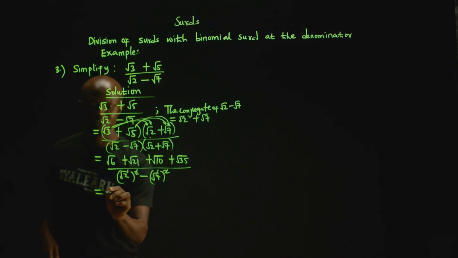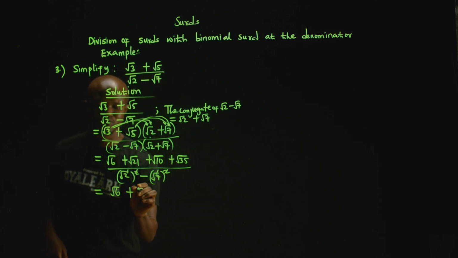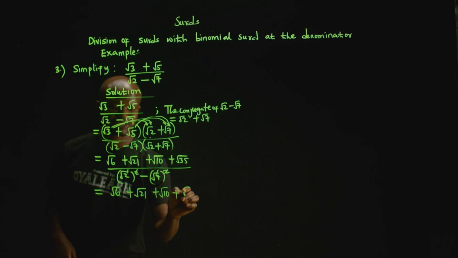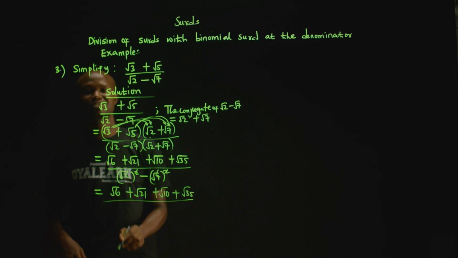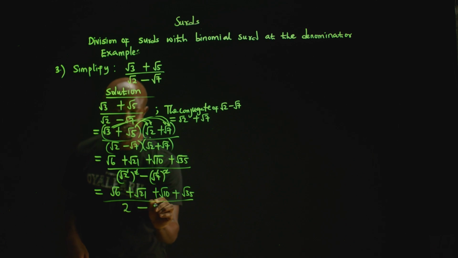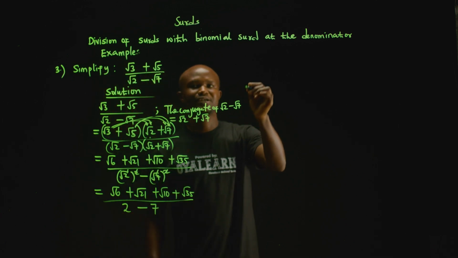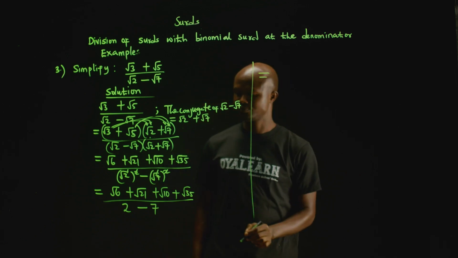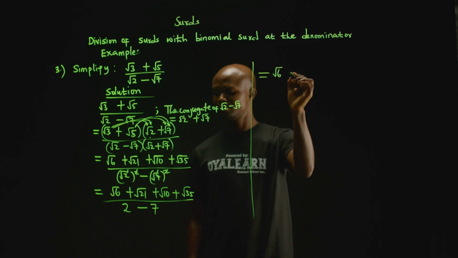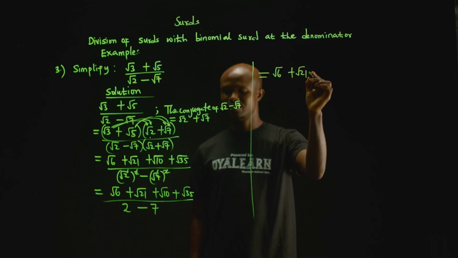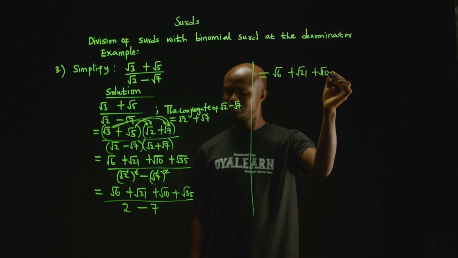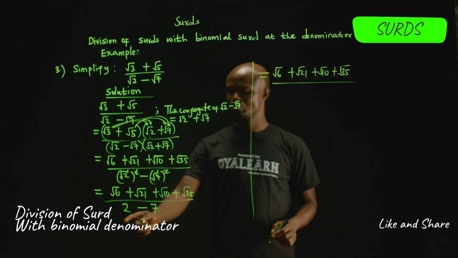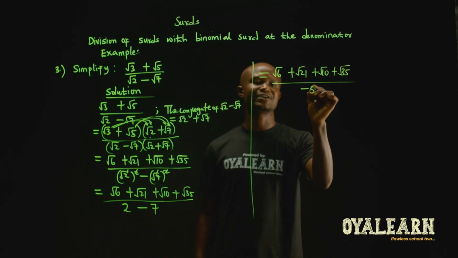We now have root 6 plus root 21 plus root 10 plus root 35 divided by what? 2 minus 7. In this case, we now have this equal to root 6 plus root 21 plus root 10, then plus root 35, divided by 2 minus 7, that is minus 5.